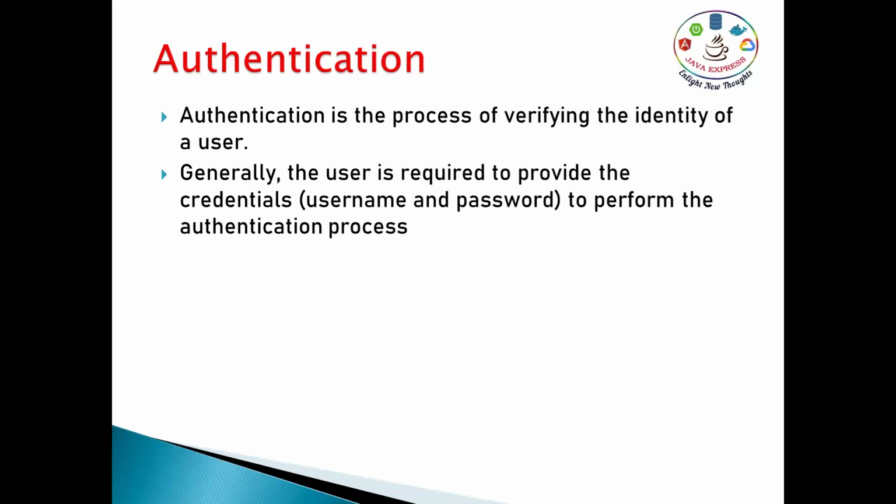Whenever you are logging into any website, the user is required to provide credentials like username and password to perform the authentication process. Only then will your JWT token based flow come, guys. Even if you are using a token based system, the first time we should provide username and password. Then from the next step onwards, how the token comes into the picture is about the next flow that will happen.